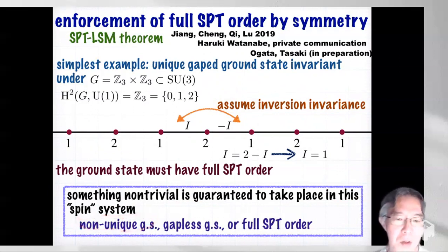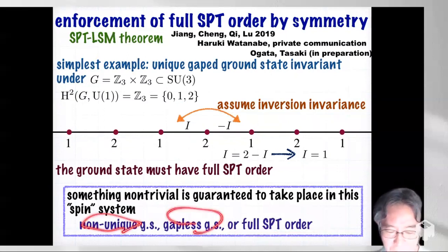That's interesting. Or it may have a gapless ground state with gapless excitations. That's interesting. Otherwise, the remaining possibility is that you have a unique gapped ground state, but we are guaranteed that we don't have a boring unique gapped ground state. In case it has a unique gapped ground state, it has full SPT order. So something interesting happens. That's very interesting.